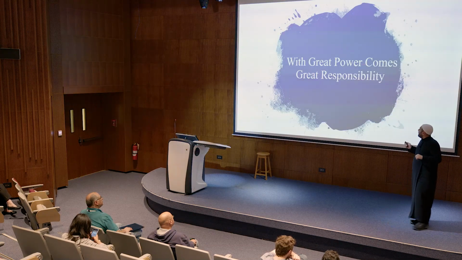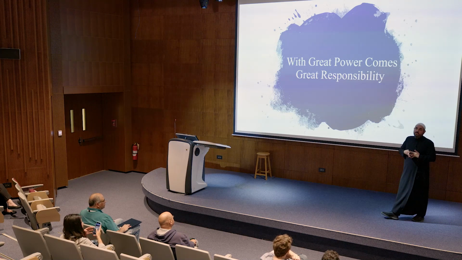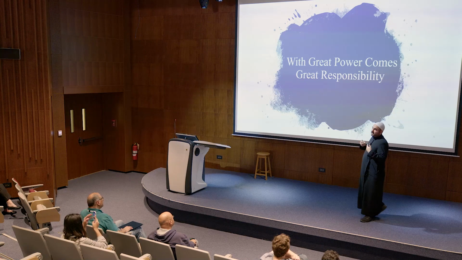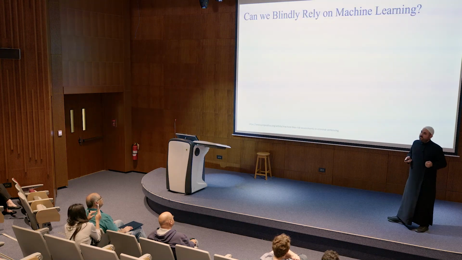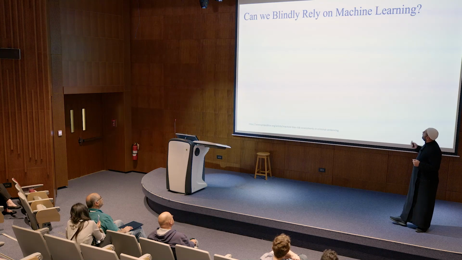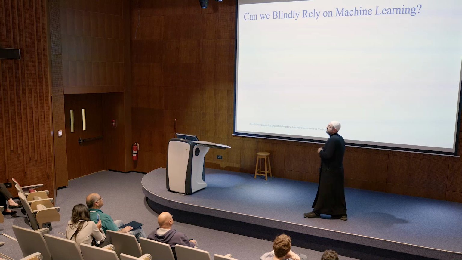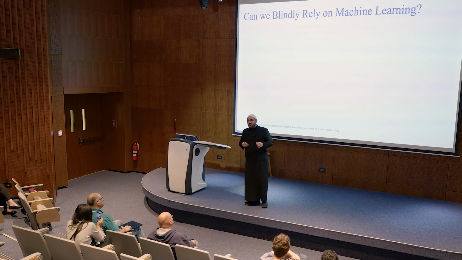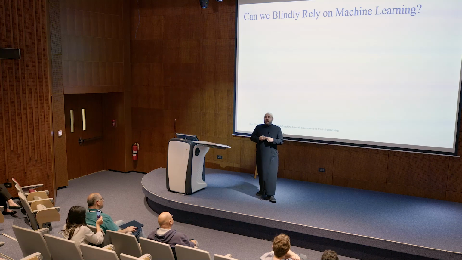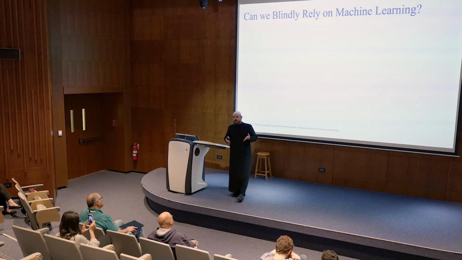However, with great power comes great responsibility. So how should we use these applications in a good or fair way? The question that I'm going to try to answer today is, can we blindly rely on machine learning? Actually, there are a lot of recent instances that have shown that these models, when used, can actually discriminate against a certain group.